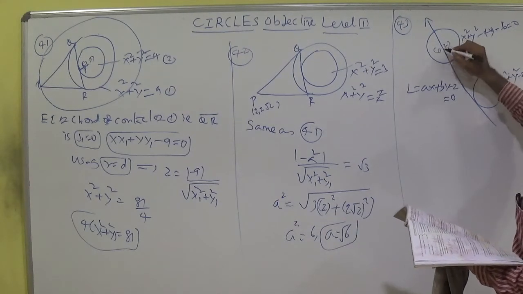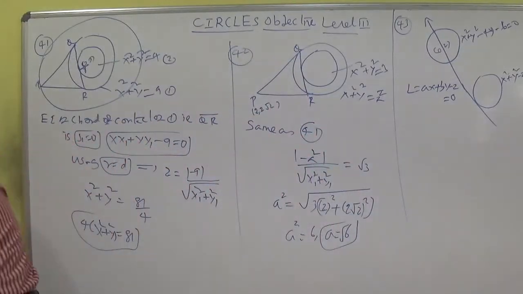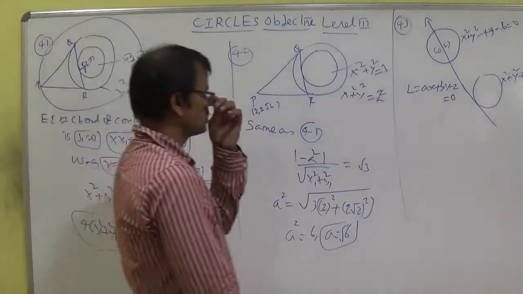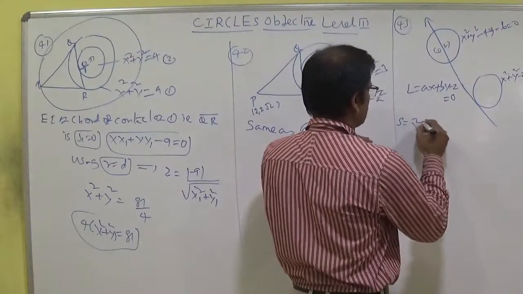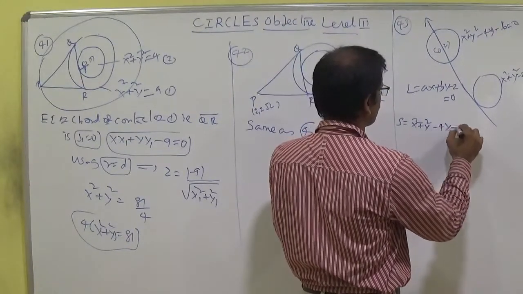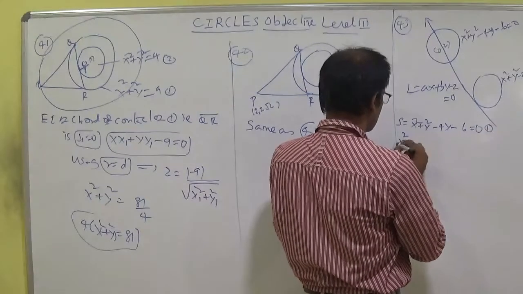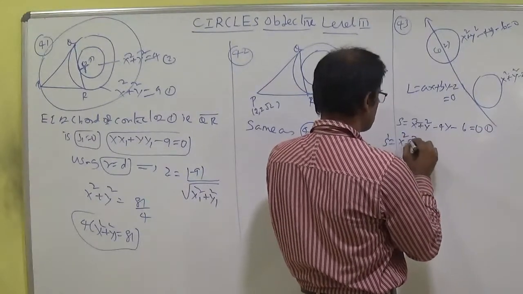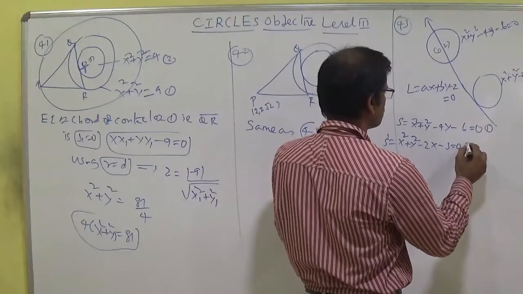So the normal passes through the center. Depending upon this condition we can use it. Circle 1: S is equal to x square plus y square minus 4y minus 6 equal to 0. This is the first equation. And S dash is equal to x square plus y square minus 2x minus 3 equal to 0.